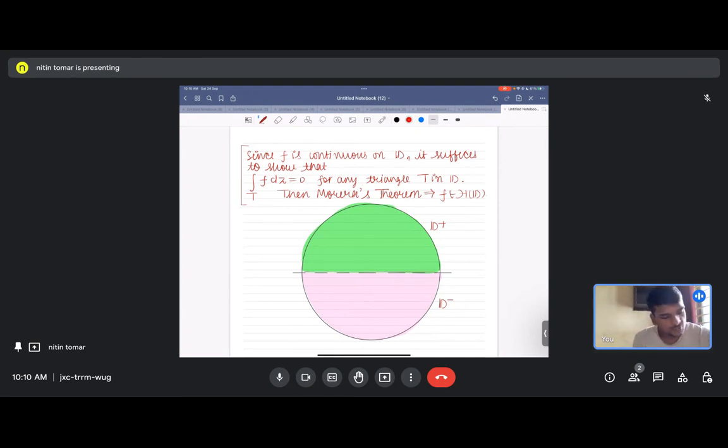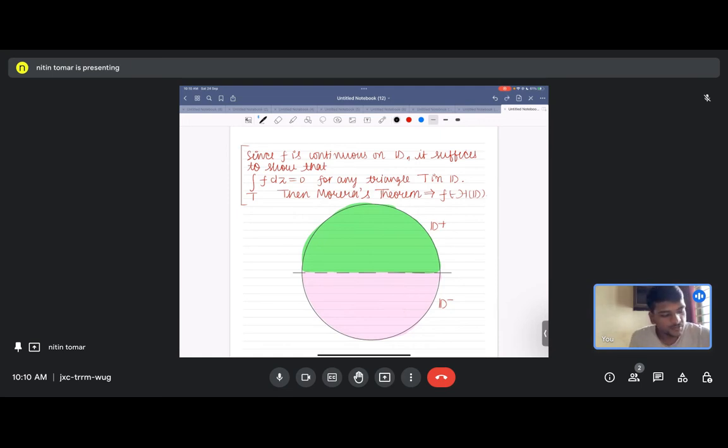So let's draw triangles. If some triangle lies in D plus, then everything is fine, because f is holomorphic in D plus. So we do not need to consider these triangles. Similarly, if some triangle lies in D minus, then also we are done, because f is given to be holomorphic in D minus.